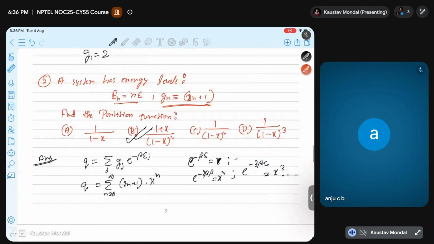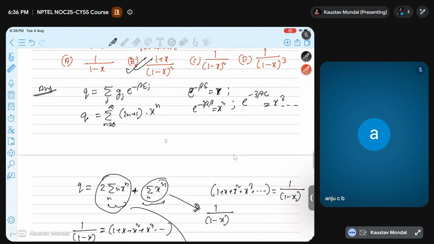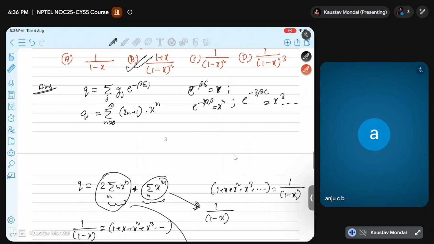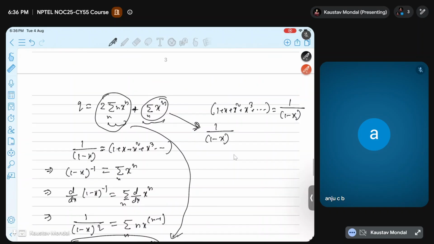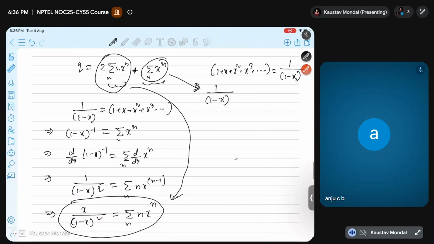So this is easy. You just have to start with the general definition of the partition function, and from there use the closed forms of these two series, n into x to the power n and x to the power n. The second one we already knew, and we have used it previously.